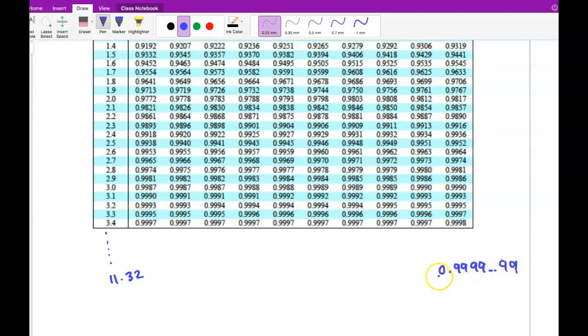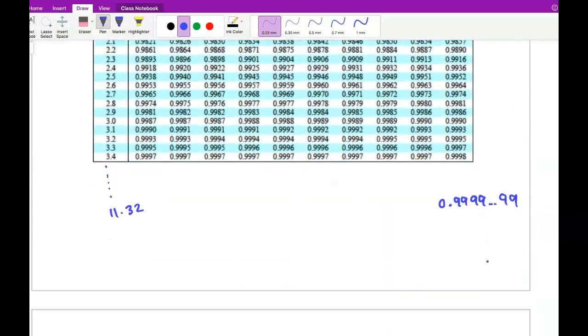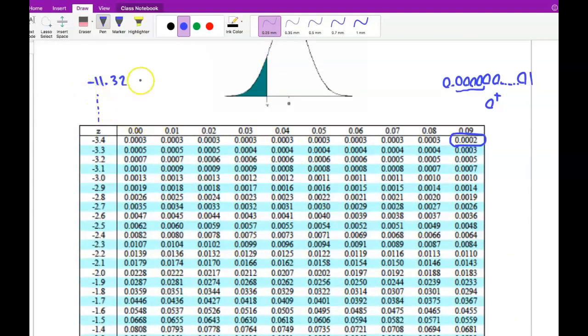So for positive z-scores, when you're increasing that z-score, it's getting closer to 1. And for negative z-scores, when you're increasing that one, actually this is smaller. When you have negative numbers, this is getting smaller based on the number line. That's why the probability for that is also decreasing. It's getting closer to 0.